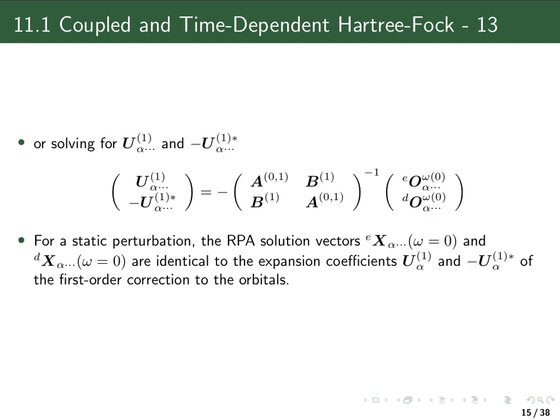Comparing that with the expression for RPA in chapter 10, we can see that this U matrix here is actually the same as the excitation part of the RPA solution vector for a static property, so for frequency 0, and minus the complex conjugate is just the de-excitation part, which means the random phase approximation for 0 frequency is exactly the same as coupled Hartree-Fock or coupled perturbed Hartree-Fock.